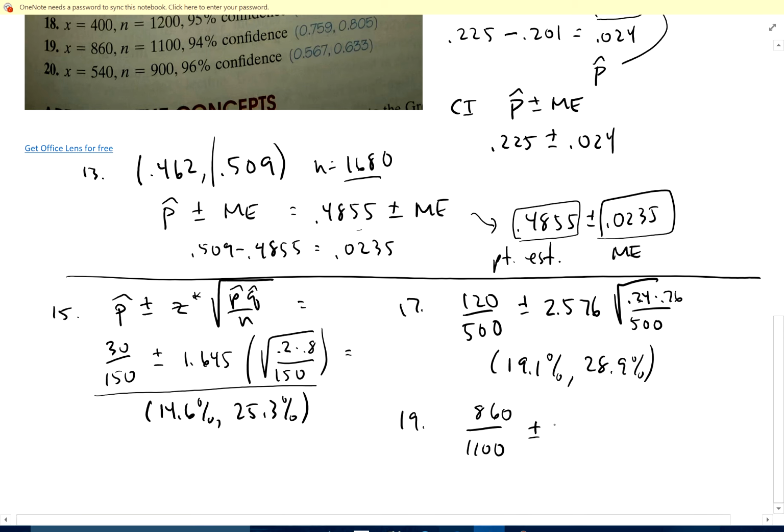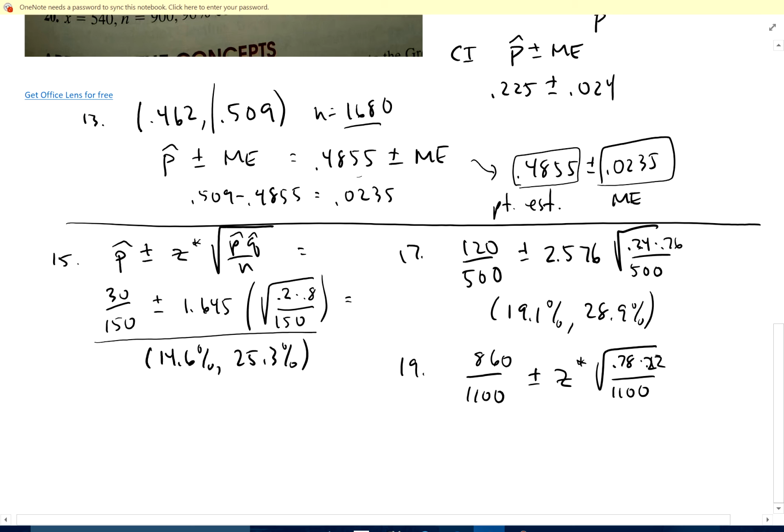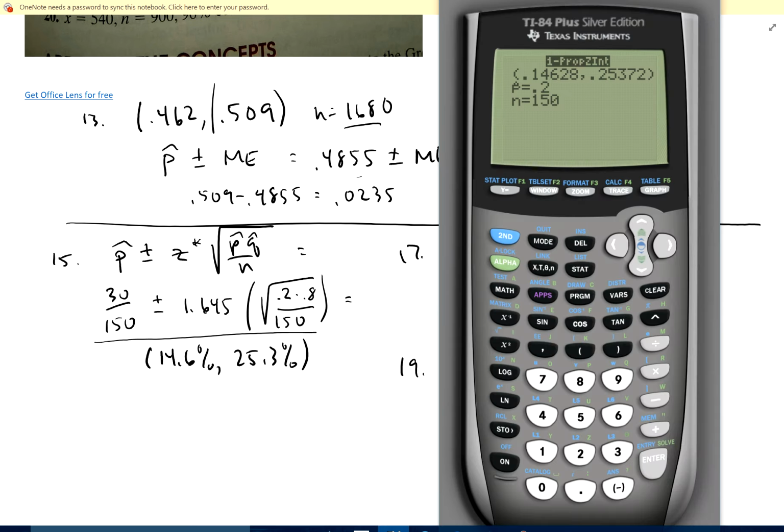So guess what we're going to do? We're just going to go z star square root of, what is p? 860 divided by 1100. I get 78%, 0.78 times 0.22 over 1100. Now since I don't know z star, don't worry about that, just do it on your calculator and you'll get this.